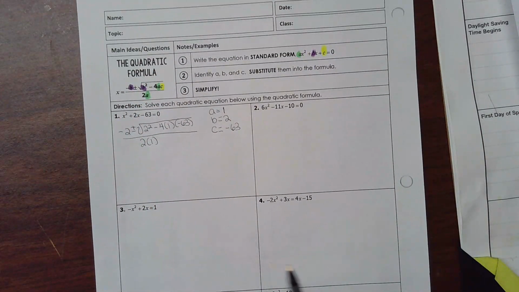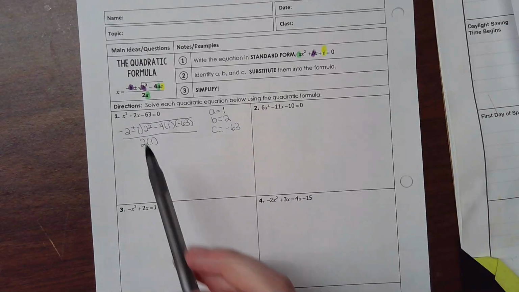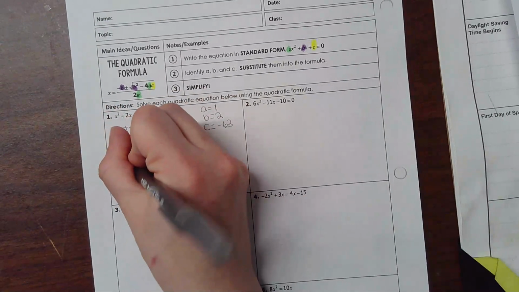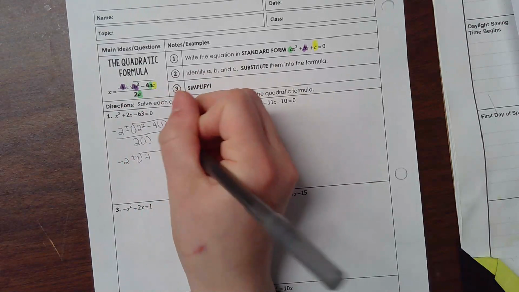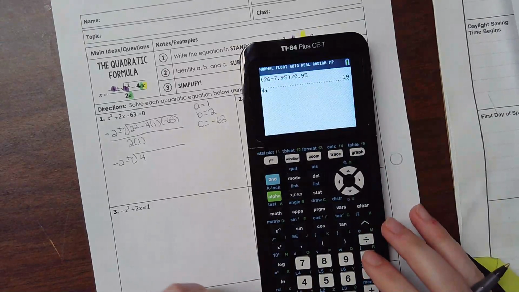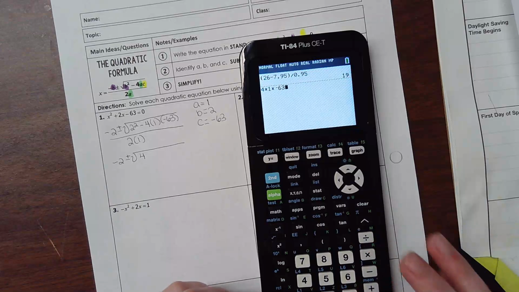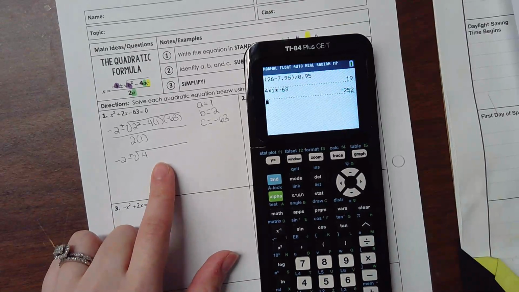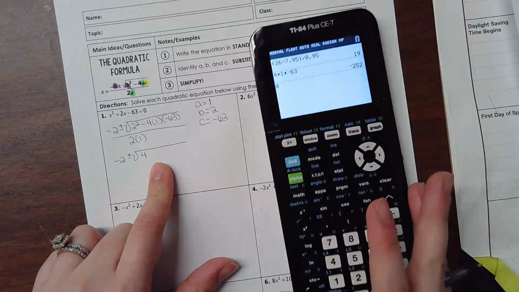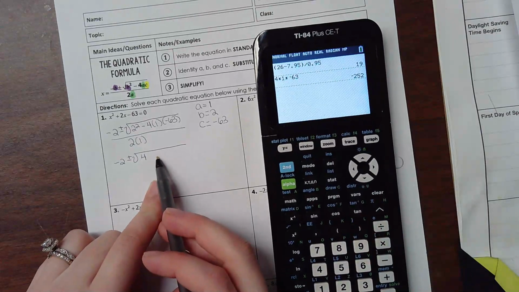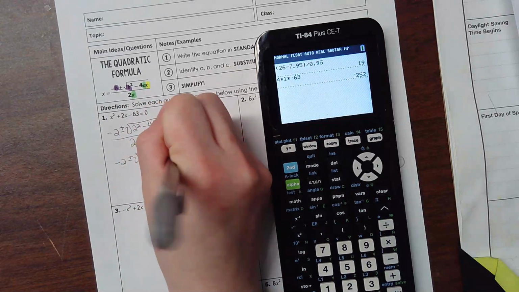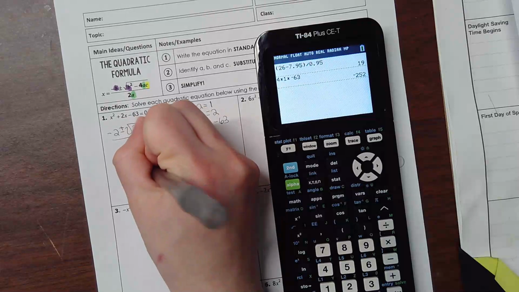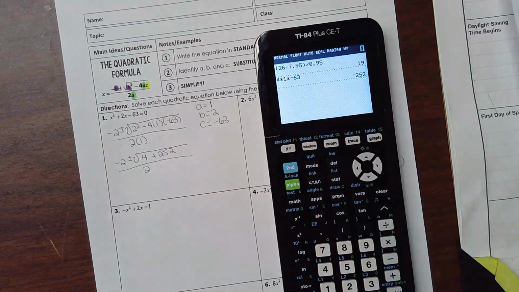So back when I was in algebra, I would just go one by one. So 2 squared is 4, and then I would plug into my calculator 4 times 1 times negative 63, and I get negative 252. So remember, it's minus negative 252, so that's really like plus 252, all over 2, because 2 times 1 is 2.